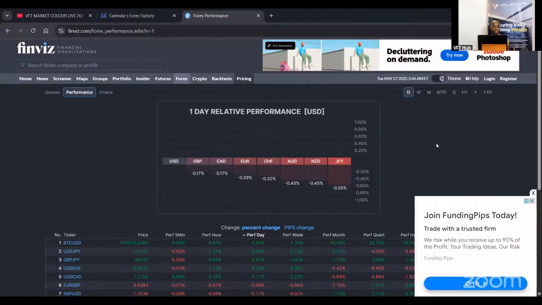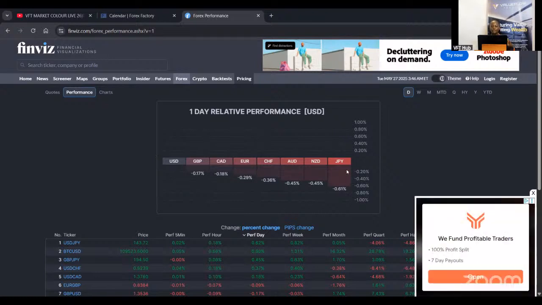So on the daily, we now see the dollar being the strongest currency, and every other thing is selling against the dollar. Dollar is gradually gaining strength. It's not exactly that strong, but it's the strongest compared to the others. Yen being the weakest. Remember, we always say that we want to pair strong currencies versus weak currencies. So you could also take advantage of what you're seeing and pair up USD versus JPY as an asset class you want to pay attention to.